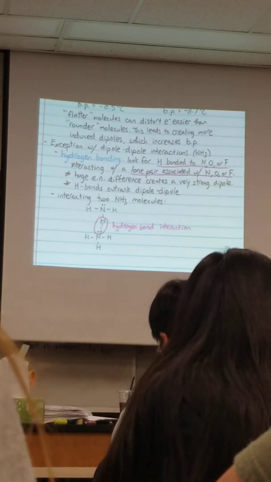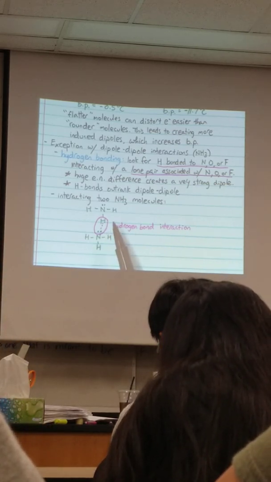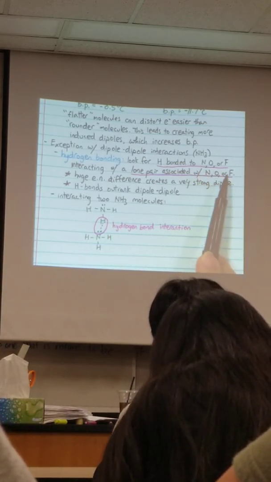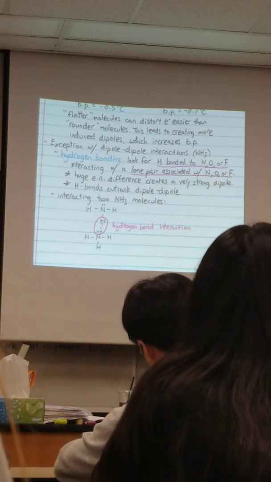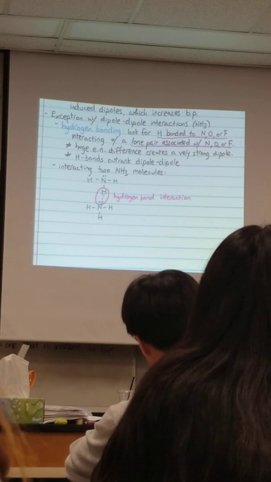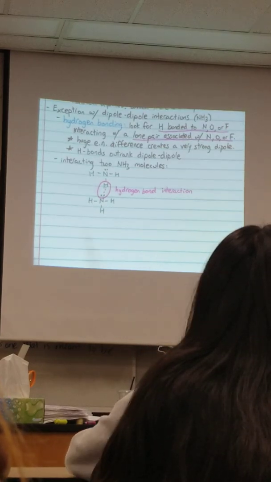Keep track of the lone pair, keep track of the hydrogen, and make sure both criteria are met in order to show a hydrogen bond interaction. I mentioned that AP loves to trick students in this topic. Let me show you where they do this.